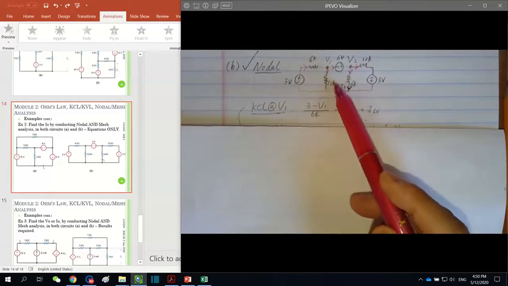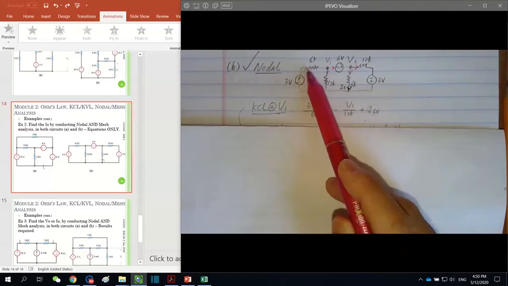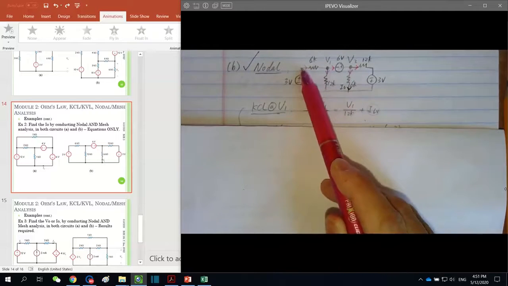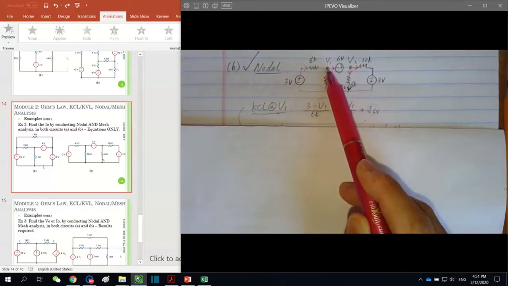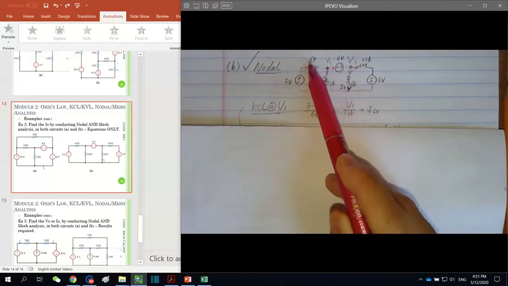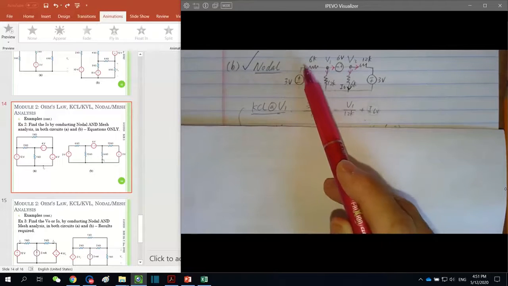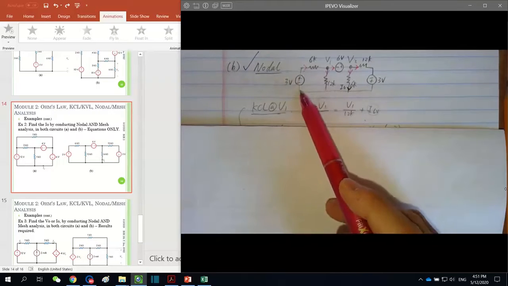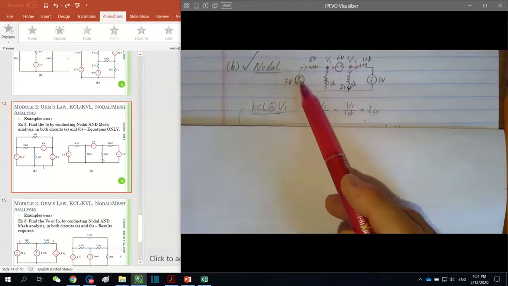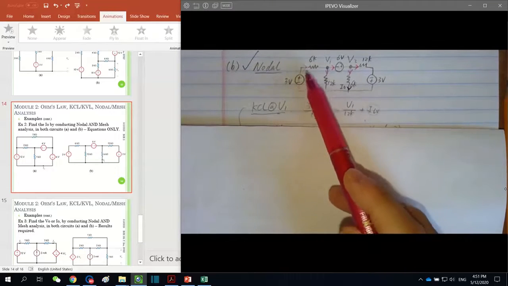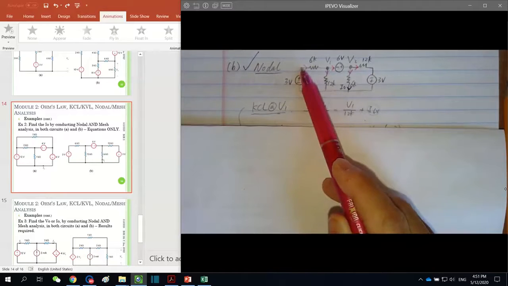This current is equal to the voltage at this node minus V1 divided by 6 kilo ohm. However, what is the voltage at this node? It is nothing but 3 volts, because this node with respect to the ground has a 3 volts voltage source right between them. So this node voltage is 3 volts.